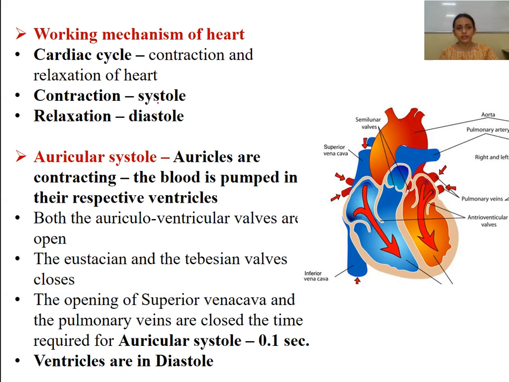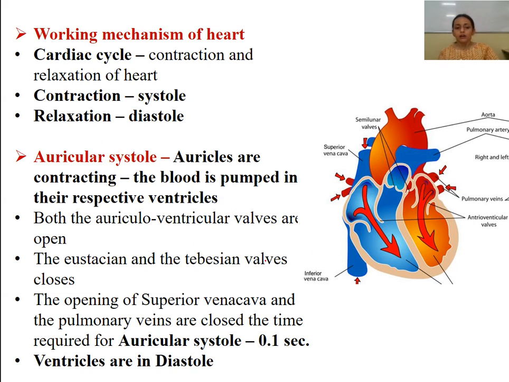So henceforward in this topic, whenever we speak about contraction, we will use the word systole, and whenever we speak about relaxation of the heart, we will use the word diastole. First we will speak about the auricular systole, and then we will speak about the ventricular systole.